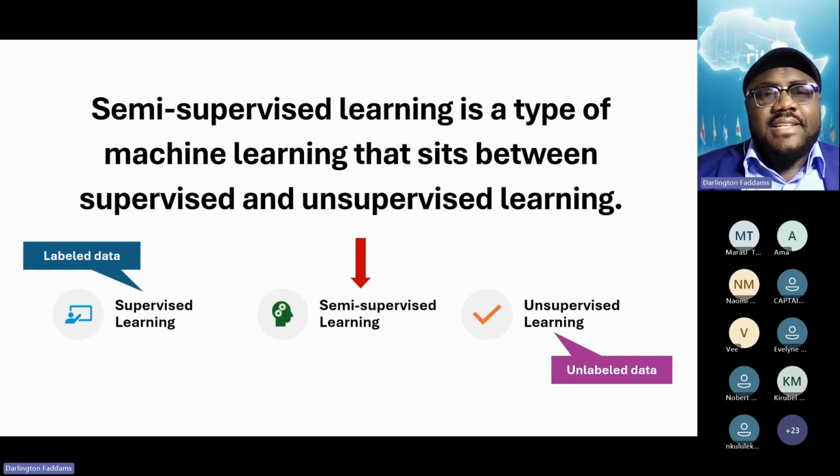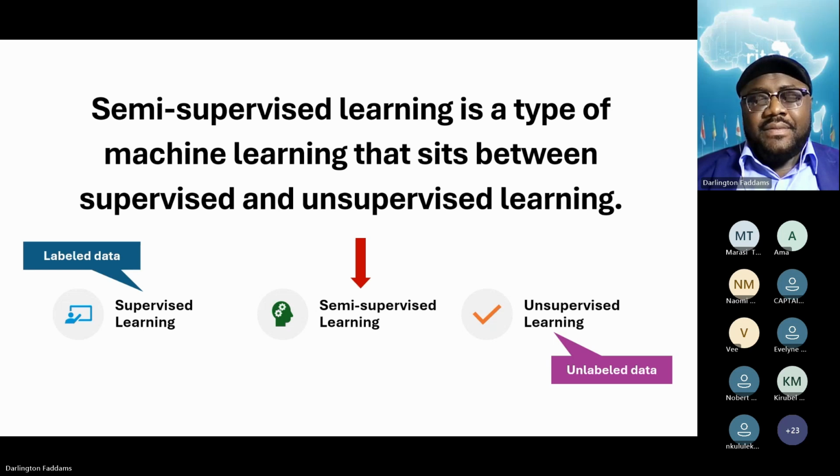Now, semi-supervised learning is a type of machine learning that sits between supervised and unsupervised learning. So with this particular type of ML, it is actually in between the two. How does it work? We know that supervised learning works with labeled data. And we know that unsupervised learning works with unlabeled data.